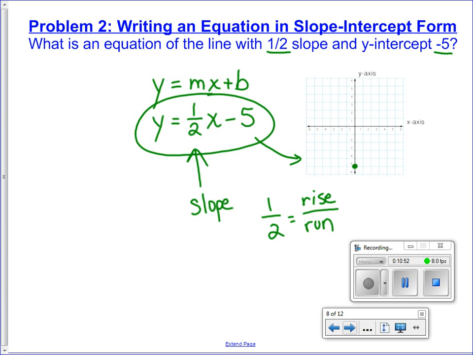So I'm going to rise 1 and run 2. And there I would have another point. Rise 1 and run 2. And there's another point. And you can see my line is going to be practically off the grid, but it is in the lower quadrants. Okay, it will eventually get up to quadrant 1 if we extended our graph out far enough.